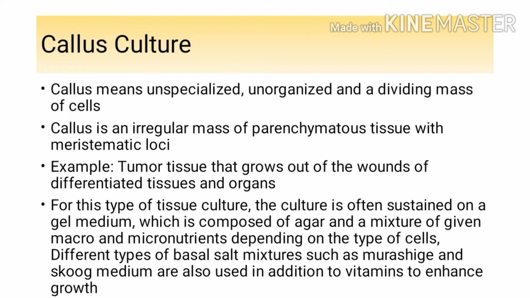We already discussed that whenever we are dealing with callus culture or any other kind of plant tissue culture, the composition of the nutrition medium and the different component factors depend on which kind of tissue we are extracting from the donor plant, and which part of tissue is going to be used as a culture.